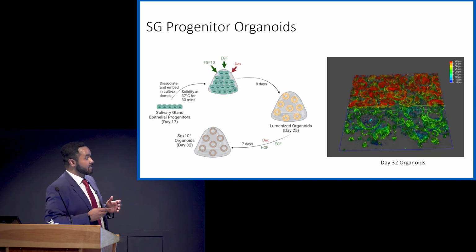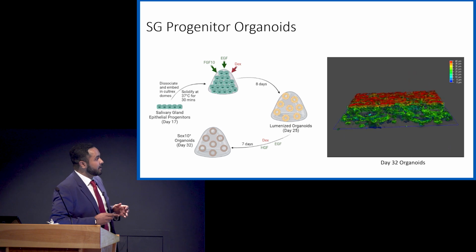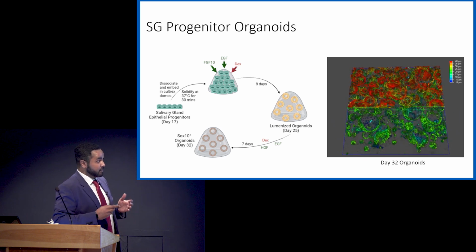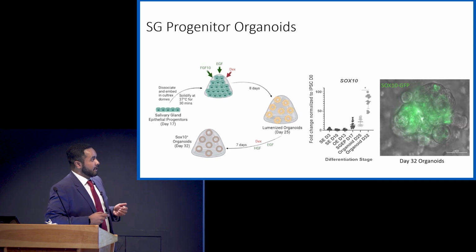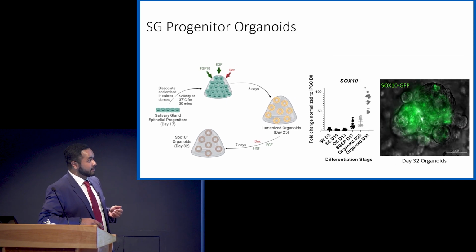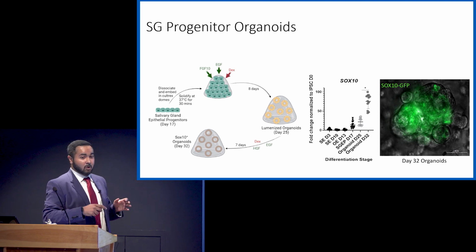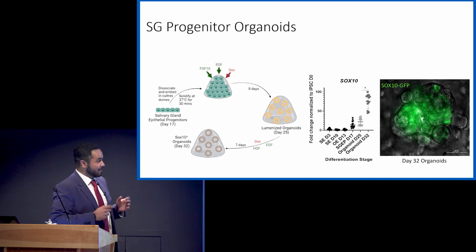So now that we got these lumenized organoids by day 25, by day 32 we were able to retain this and also get SOX10 expression. And SOX10 was highly upregulated at day 32. As you can see, the experiments are getting pretty long, a whole month for one experiment.